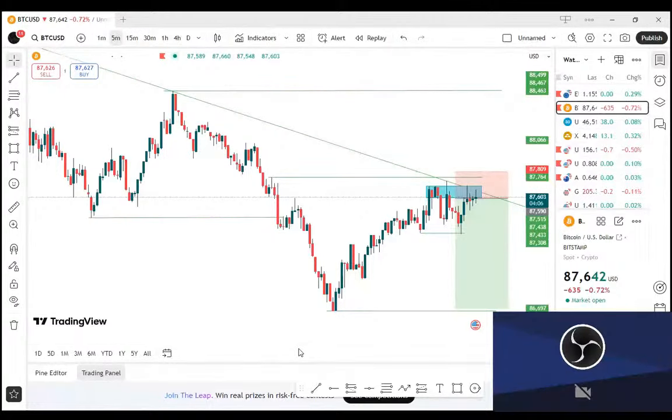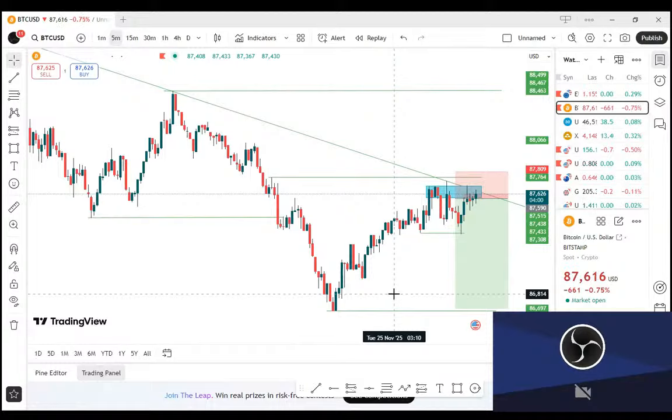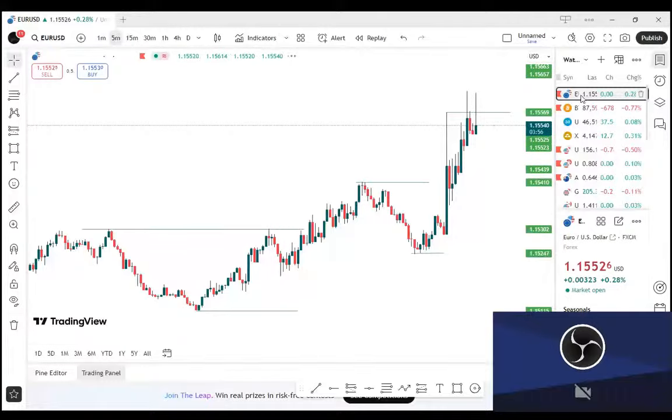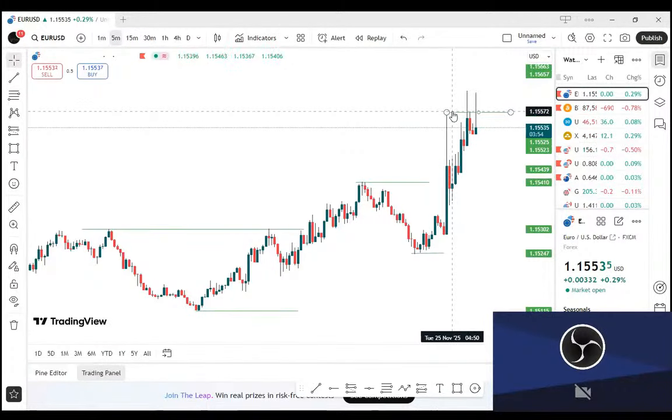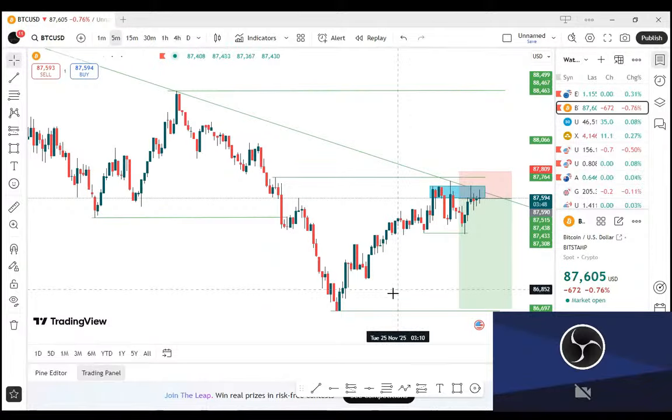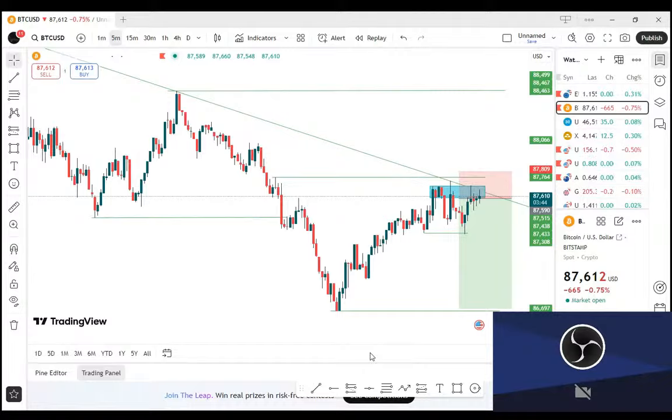Let me see EUR/USD. USD is currently rejecting at this high. You can see that the news didn't even have the high impact that I expected it to have.